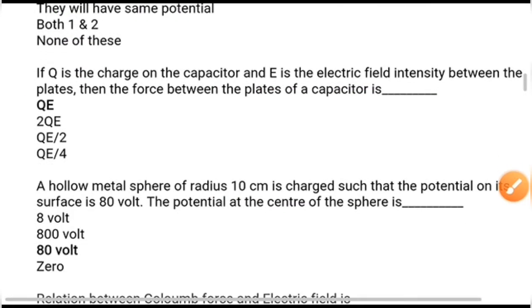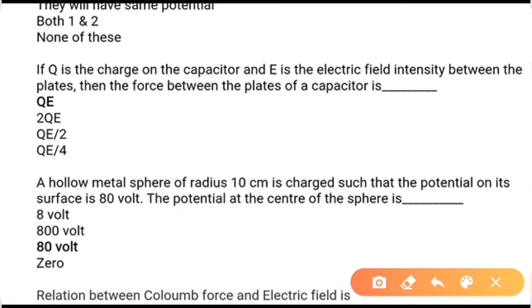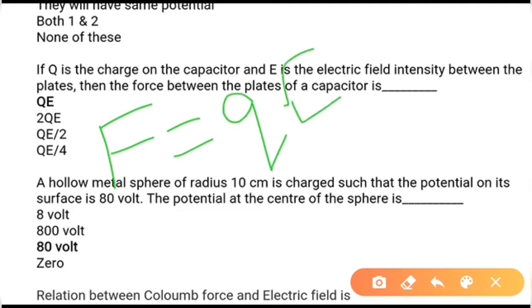Next question, if Q is the charge on the capacitor and E is the electric field intensity between the plates, then the force between the plates of a capacitor is, we know the electrostatic force F is equal to QE, where Q is the charge and E is the electric field applied.